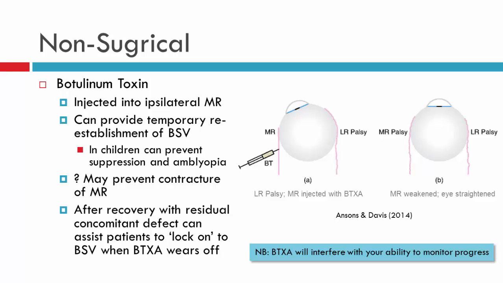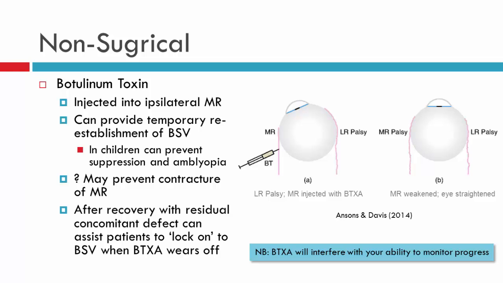The other option we have is to inject for the purposes of assisting someone to maintain BSV. This is useful usually in patients who have a small residual ET that's relatively concomitant, and for some reason the patient just doesn't seem to be able to utilise their fusional divergence to take control of the eso.